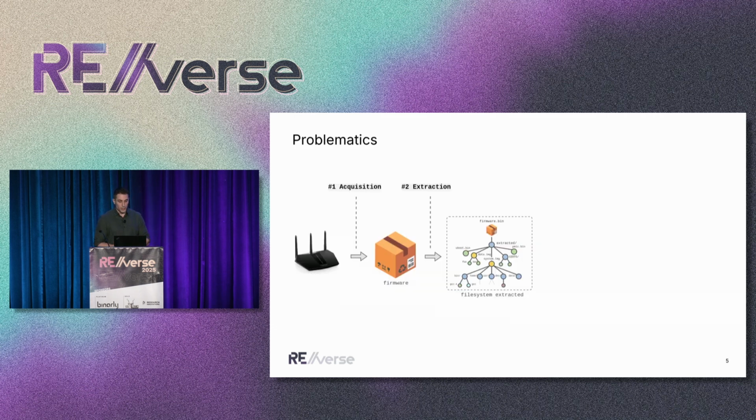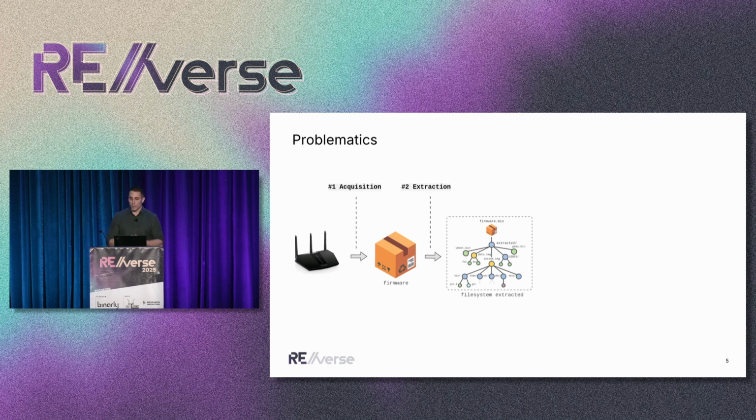When you have to do some firmware analysis, the first phase is the acquisition, so you can either dump it from the flash, or you can put yourself in the middle of an update or something like that. Then usually you have a binary blob for which you will have to extract the content. It could be proprietary, which can be problematic.